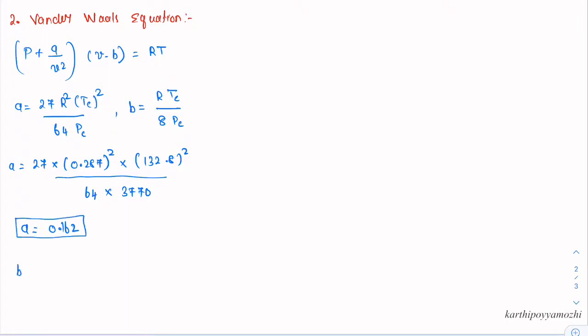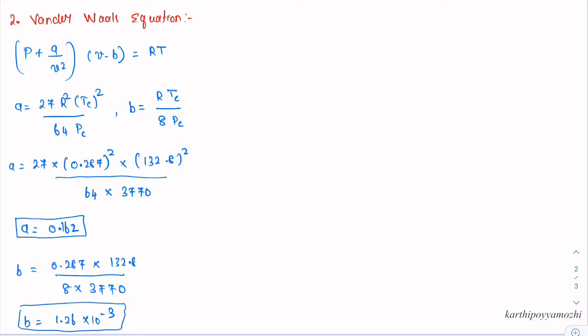The value of b is calculated as R equal to 0.287 into Tc, 132.8, divided by 8 into critical pressure, 3770 kilonewton per meter square, and the value of b is 1.26 into 10 to the power of minus 3.